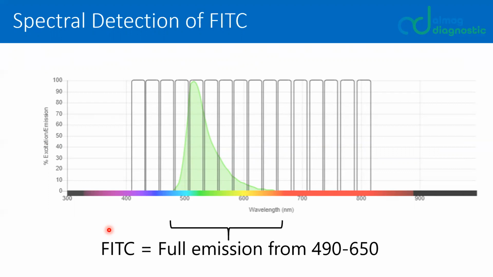It's continuous bands of light where there is more than one detector for one color. You can see now that we can collect the full emission spectrum of FITC from 490 nanometer wavelength to around 650. And we can also see that the color is not only green, but the colors of FITC go from blue through green and yellow and orange.